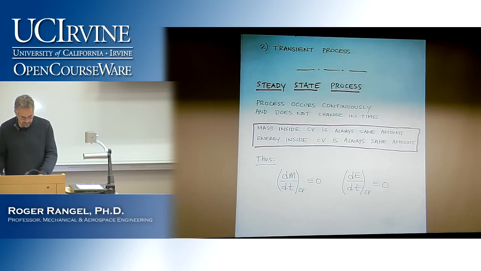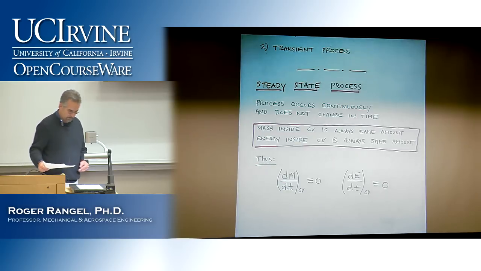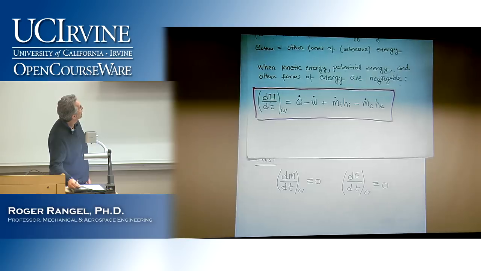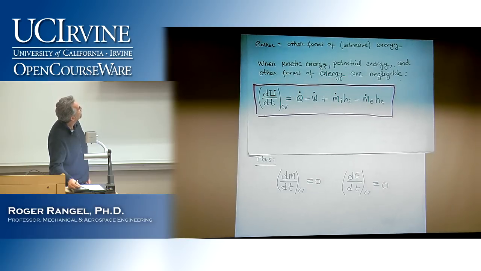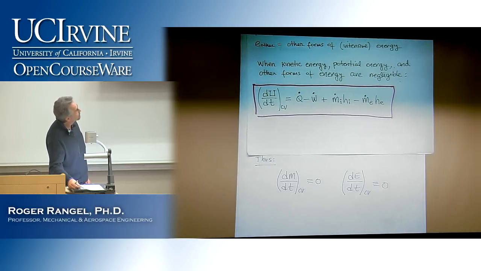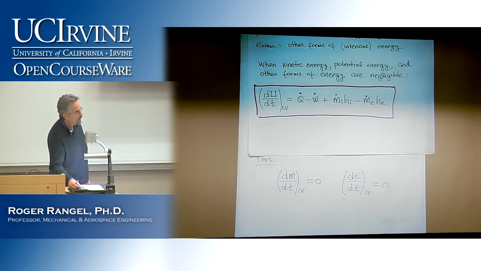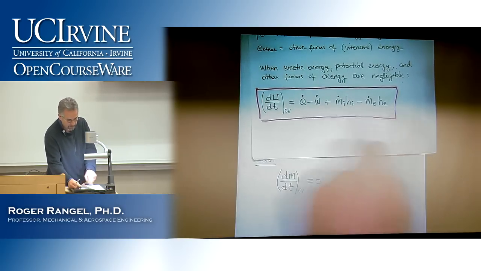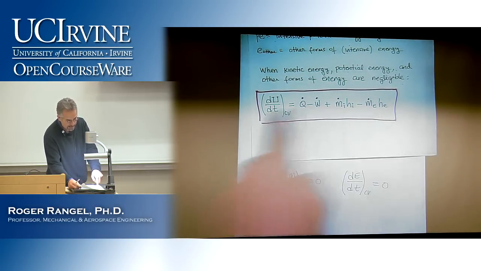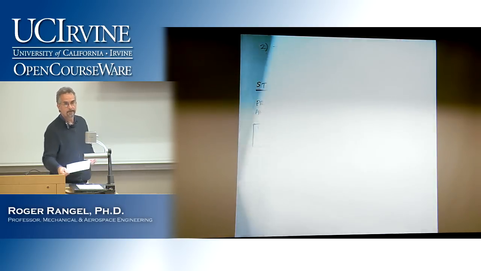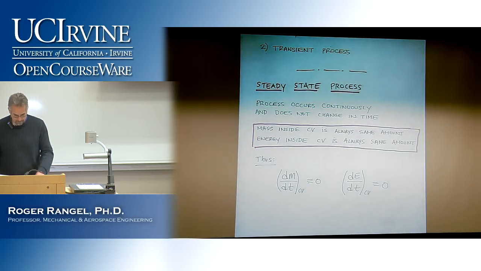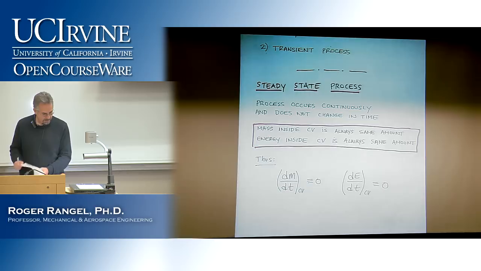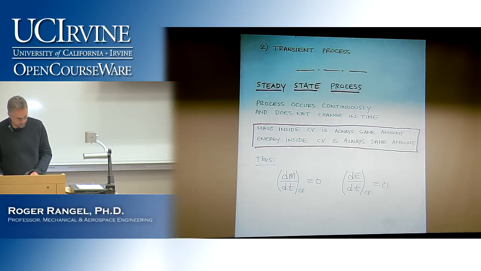Well, that's a nice simplification, because if you're looking at the last equation we were looking at, now I can just put a big 0 on the left-hand side. No changes inside. That means that everything else on the right-hand side has to balance out to give 0. That's the typical feature of a steady state problem.